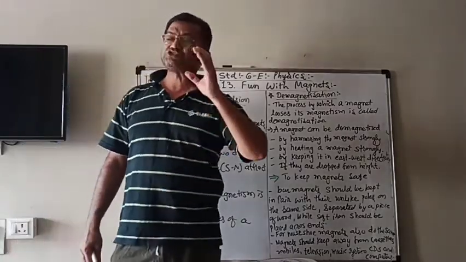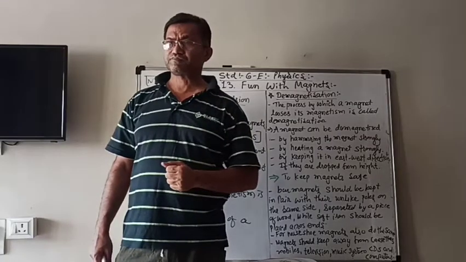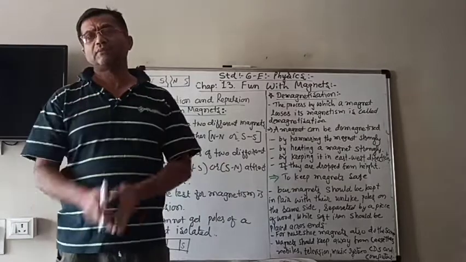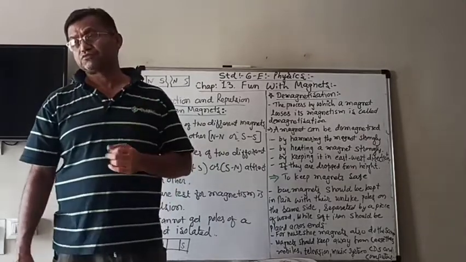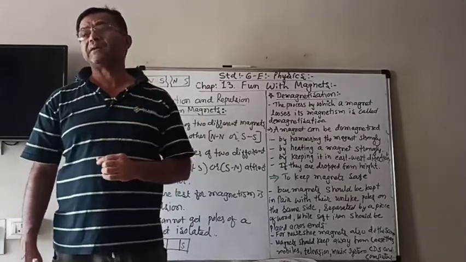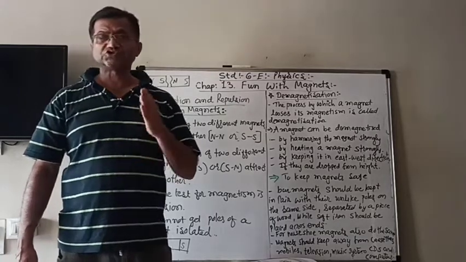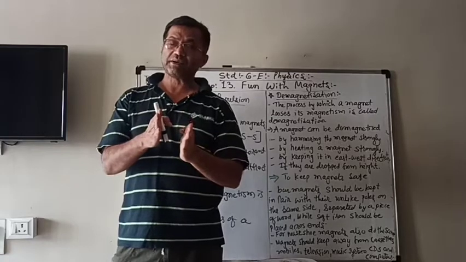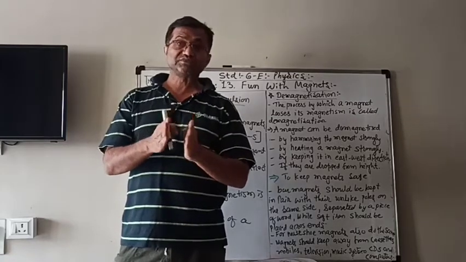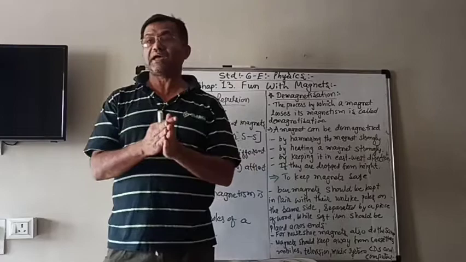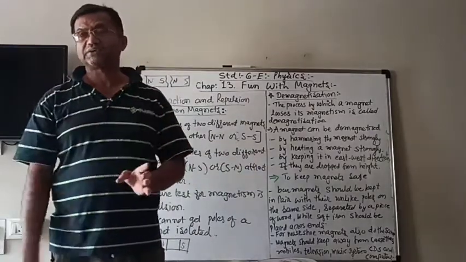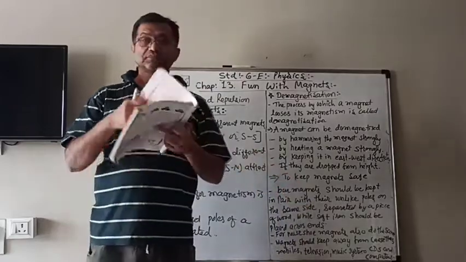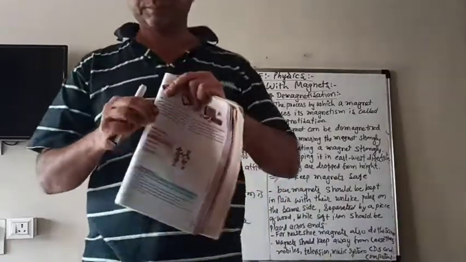Similarly, when we store the magnets, when bar magnets are there, we have to keep them only in pairs. Don't store a single bar magnet. When you store them, keep two magnets together, keeping their unlike poles together and apart with a piece of wood between them, as shown in this figure.